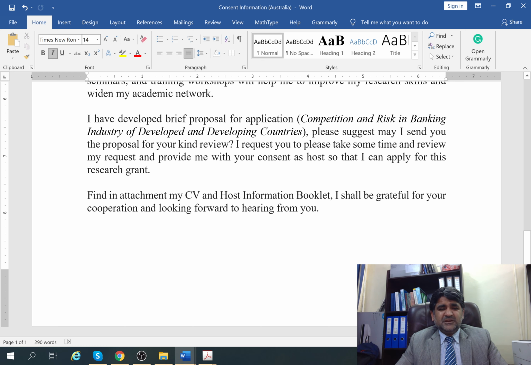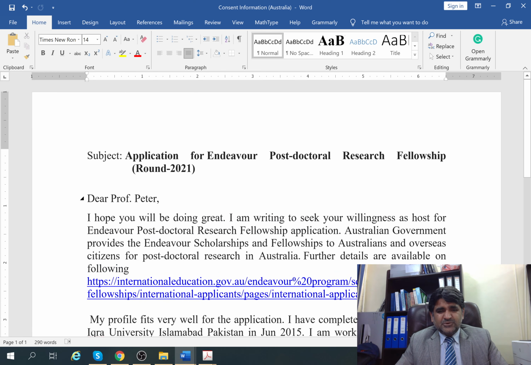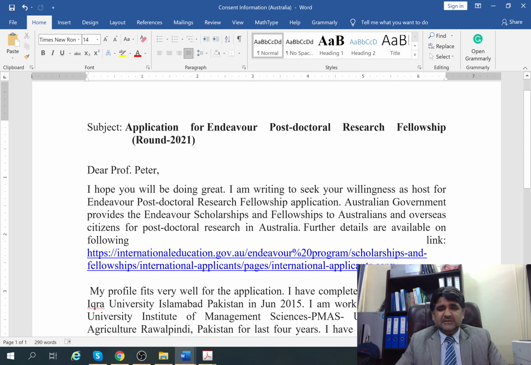In the last paragraph you can write that the CV is attached, and if there are other documents related to that fellowship, you can attach them as well, or you can also attach your accomplishment statement. This can be the body of your email.